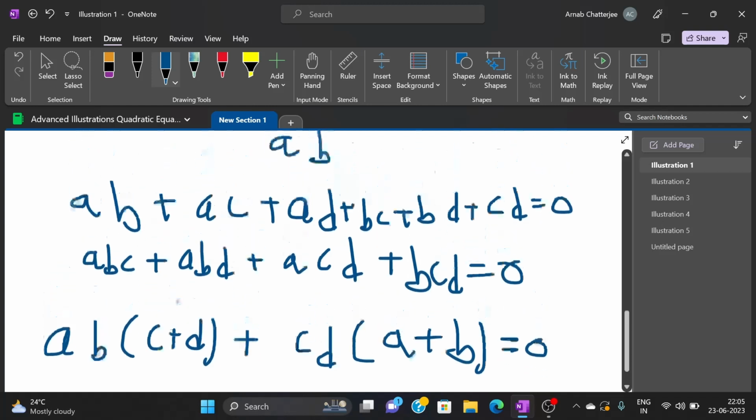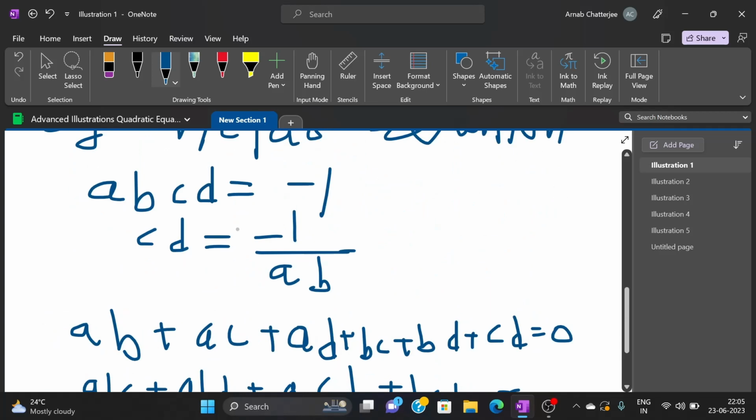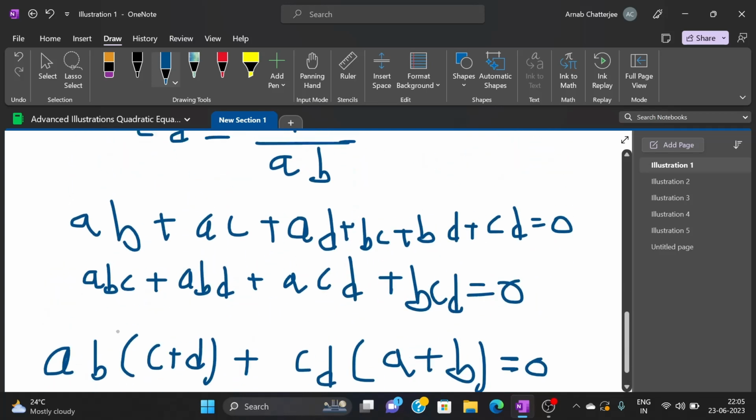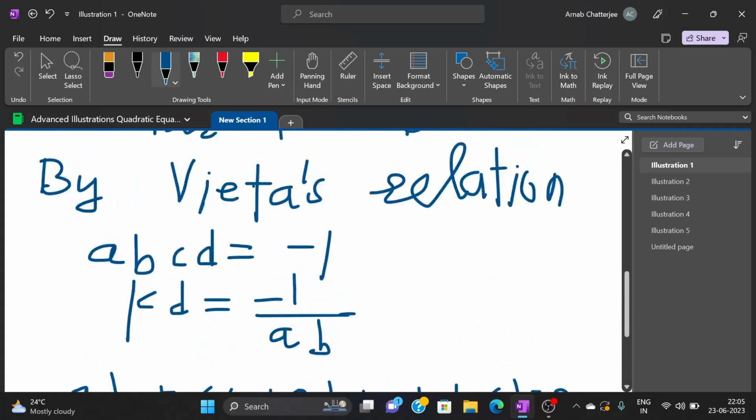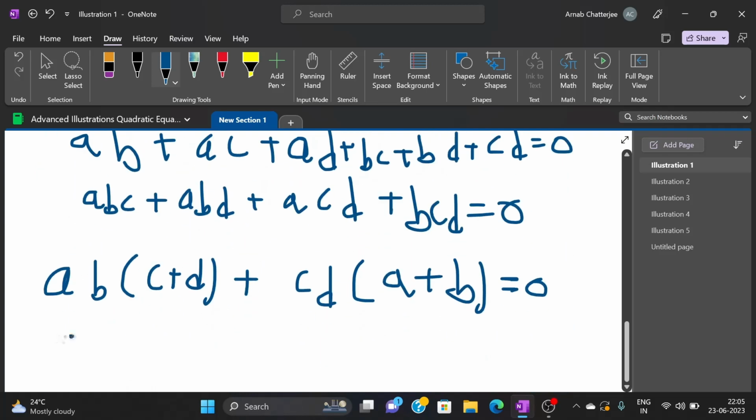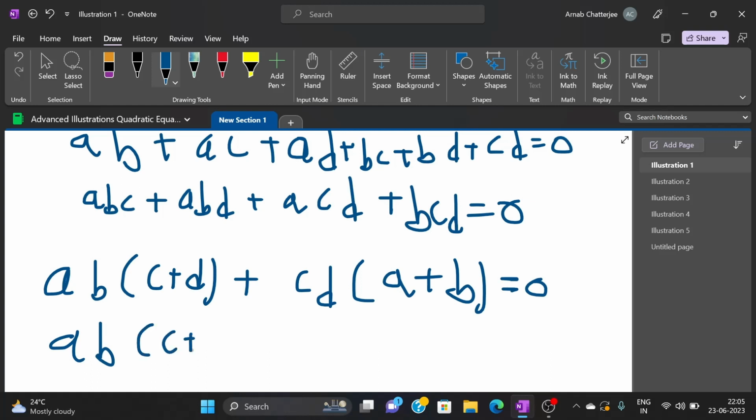Now I can substitute CD equal to minus 1 by AB. I have this relation CD equal to minus 1 by AB. So I will use it here and I will have AB into C plus D minus A plus B upon AB equal to 0.